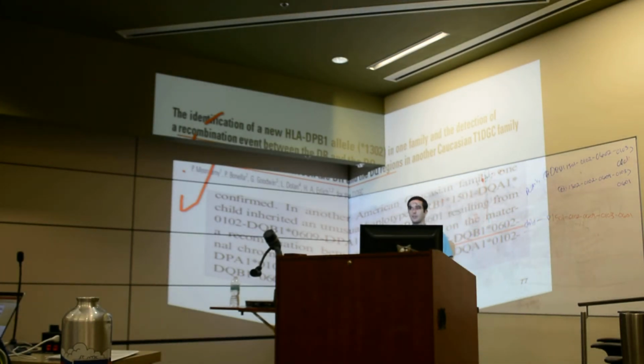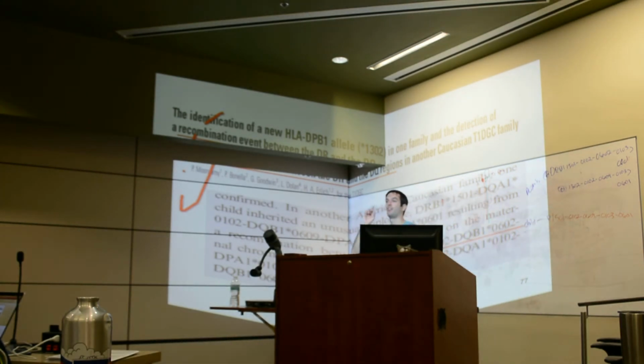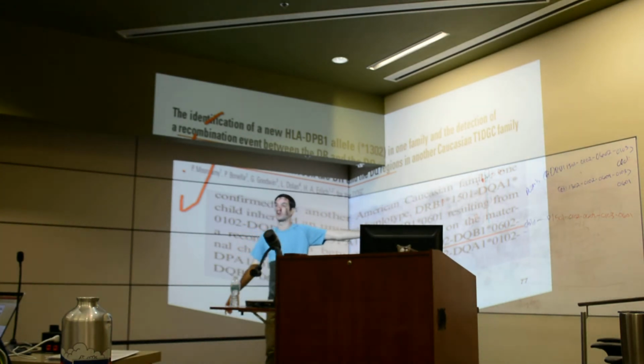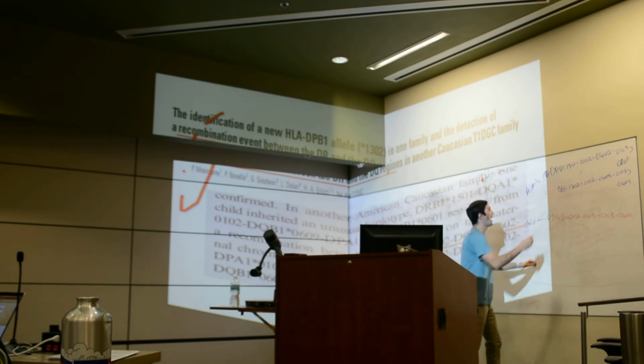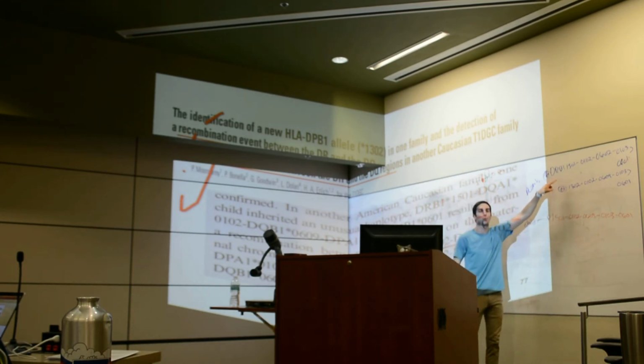So normally, recombination shouldn't be occurring within this block, but it is. This is one of the examples where it does occur. How do I know that? I had this and I had this, but I got this. Is this the exact same as either one of these?